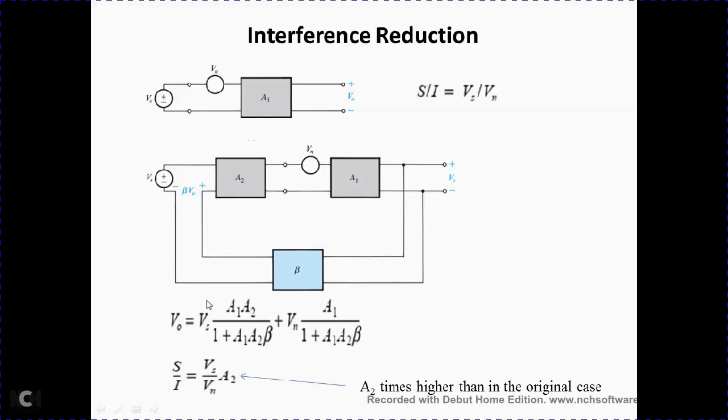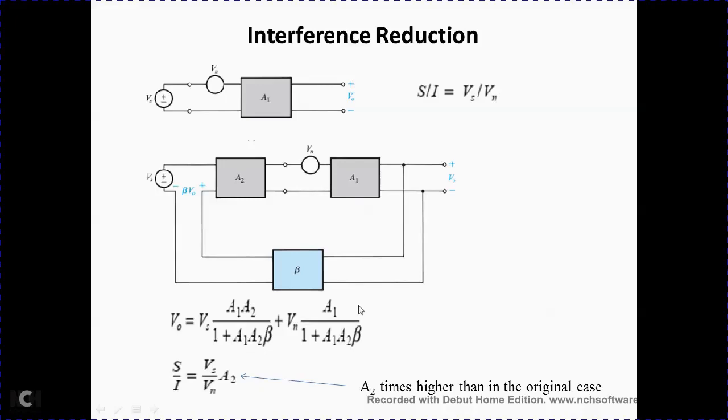The first term in this equation is the output voltage V0 due to Vs. The second term, Vn into A2 by 1 plus A1 A2 beta, is the output voltage V0 because of Vn alone. Whether it is A2 or A1, the feedback remains the same. That is why the denominator remains the same. The amount of feedback, 1 plus A beta, remains the same.